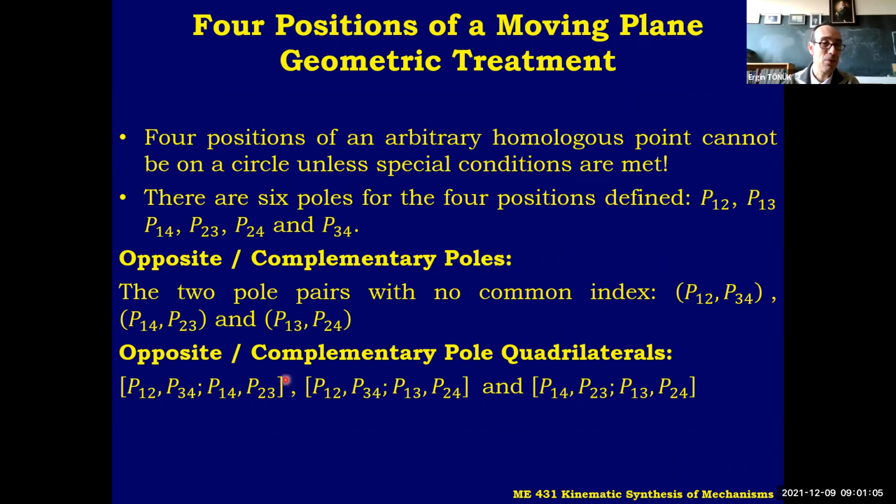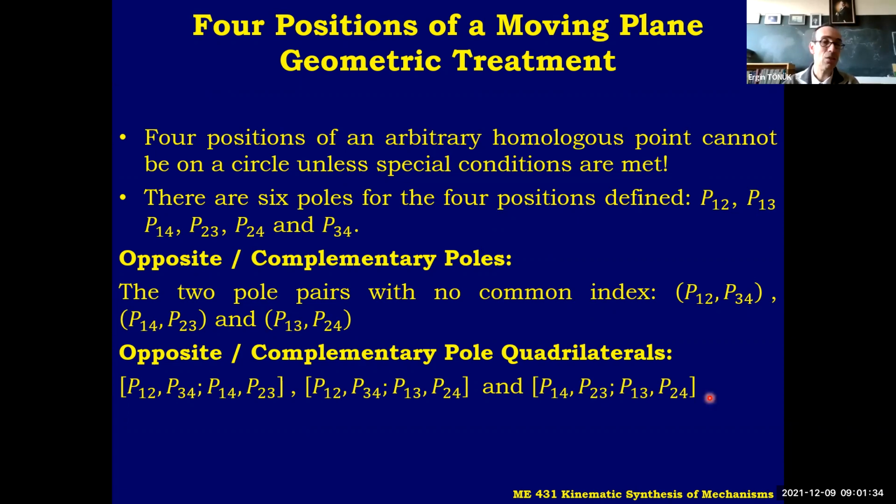That's very important because this is what we will be basing our graphical construction on. Or, for example, you can pick this and that, and it forms this, okay? This is the last one. Or you could pick the second and the third. You see, that's another complementary pole quadrilateral.